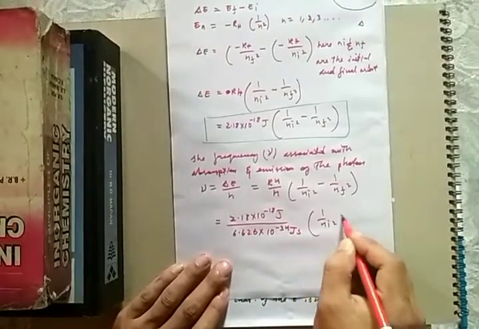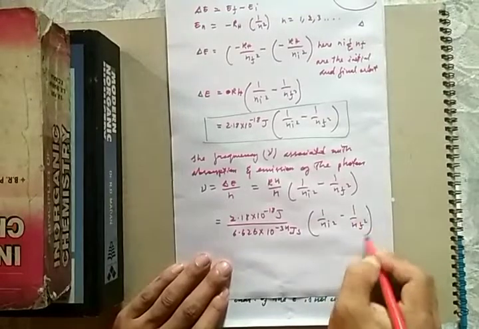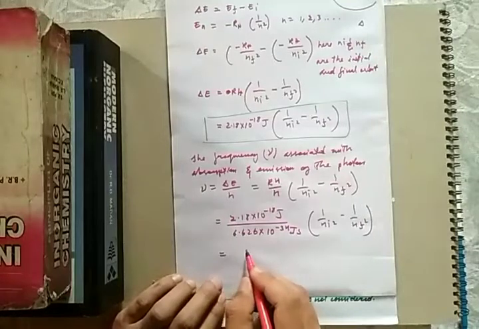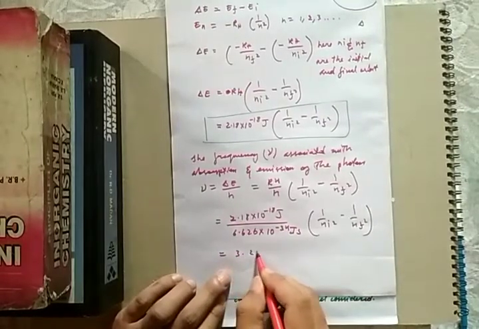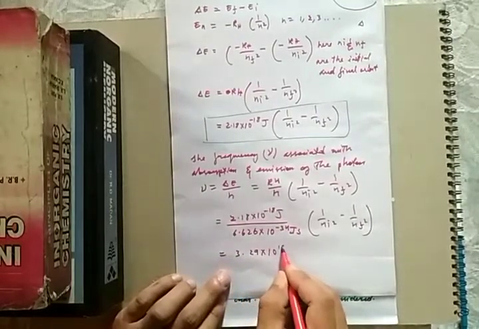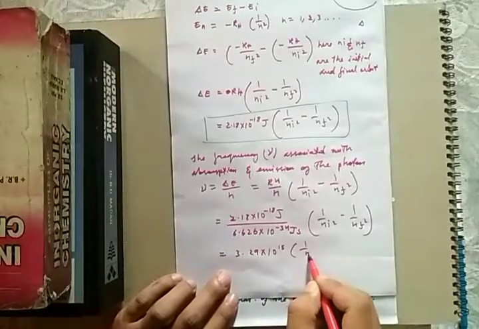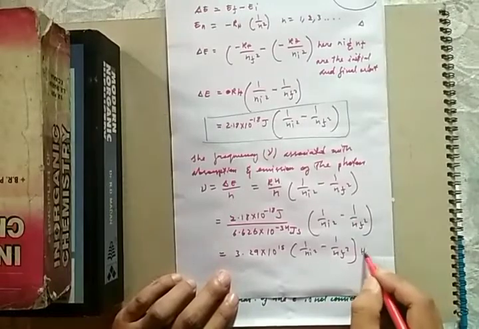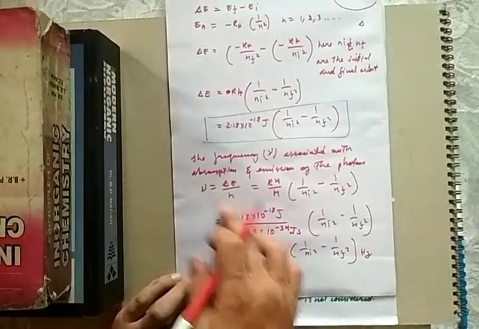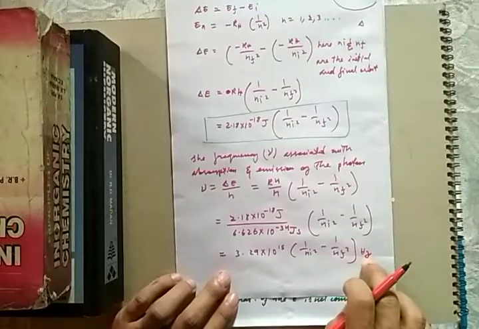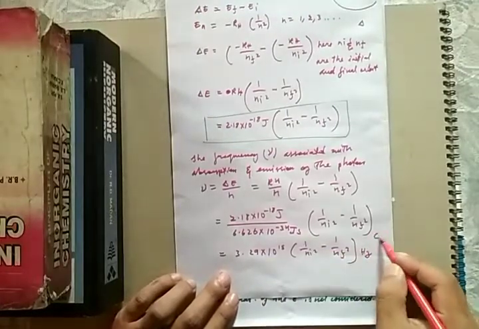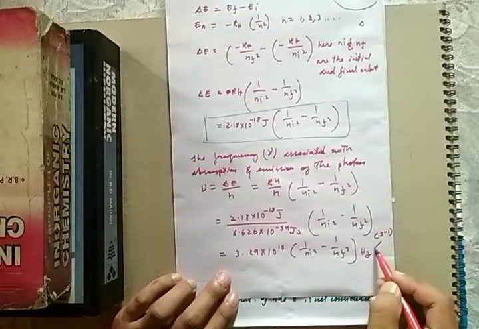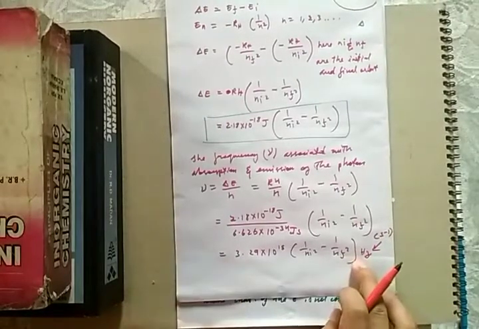After calculations, what you will get is 3.29 into 10 to the power 15 times 1 by ni square minus 1 by nf square hertz. The unit of frequency is hertz, since seconds changes to second inverse, and second inverse simply means hertz.